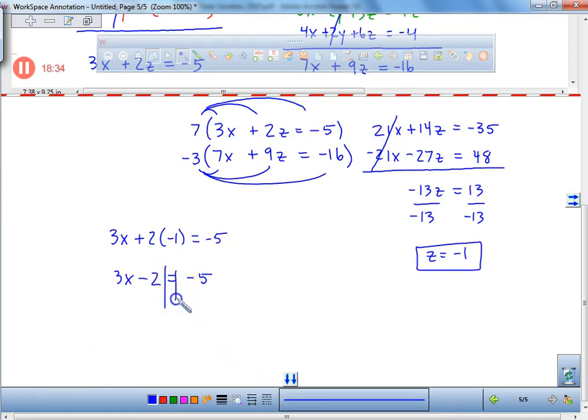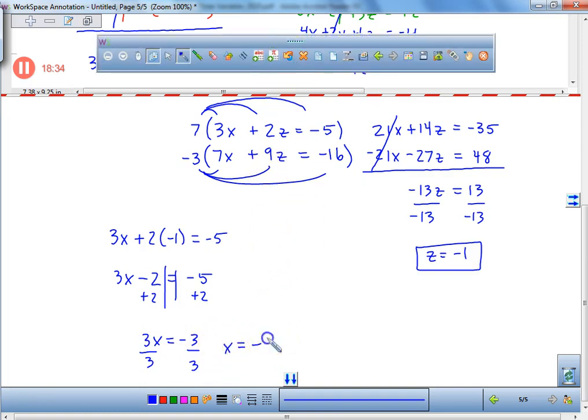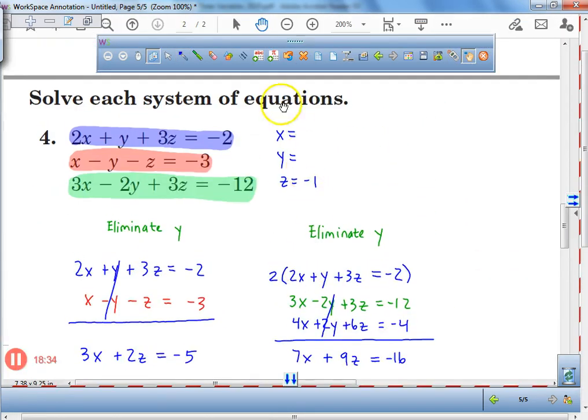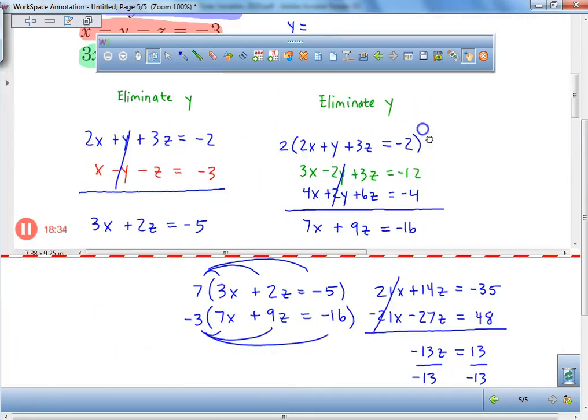Add 2. We get 3x equals -3. Divide both sides by 3. We get what? -1. Now we have 2 out of our 3 answers. So right up here, what am I going to do? X equals what? -1. Okay, now this is where it gets fun.